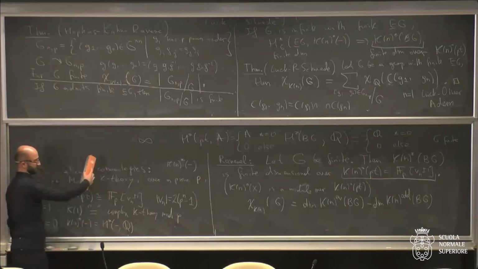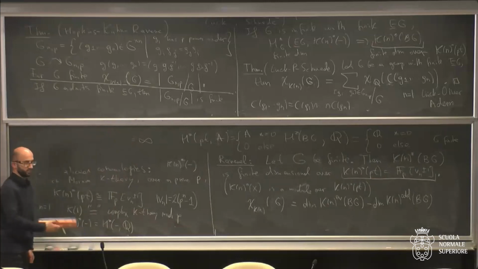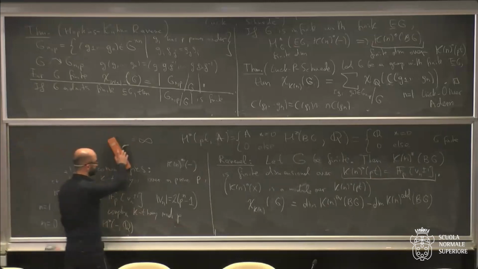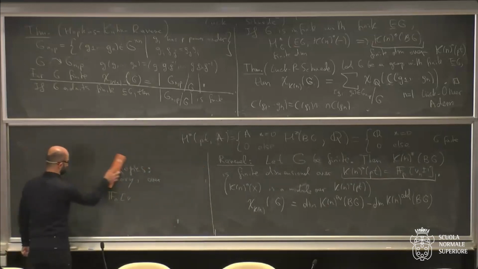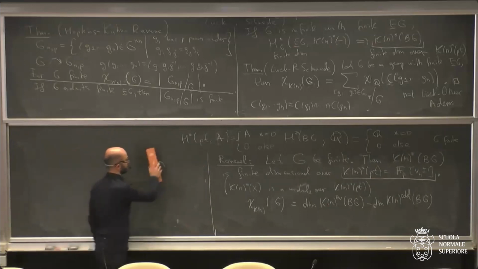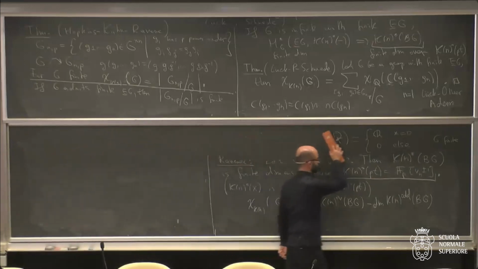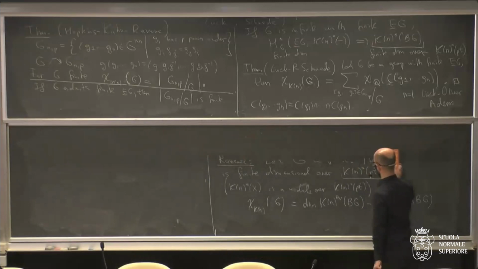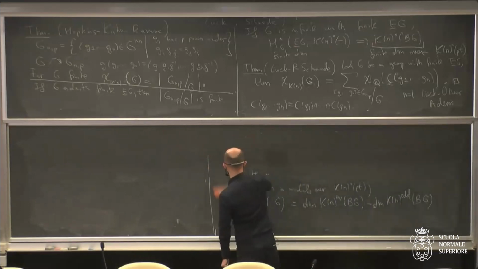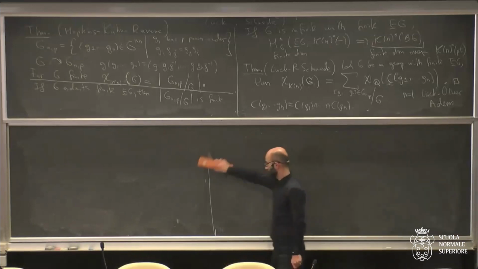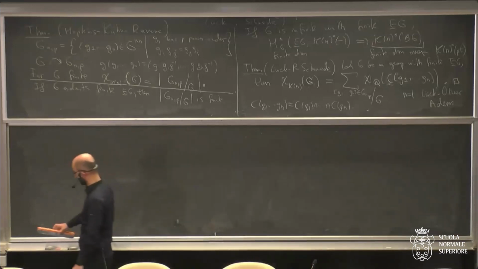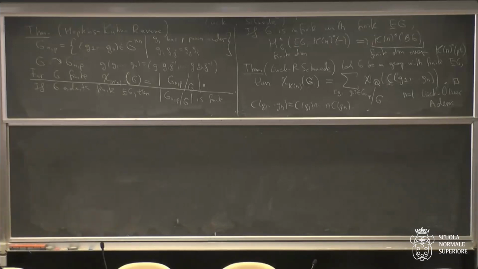Apart from that, computing such invariants for infinite groups is anyway interesting and useful, because it shows you how much these cohomology theories see about your groups, and it's sort of a new invariant of these groups as well. So I'll give you a couple of examples where I so far managed to compute these Euler characteristics. To compute more, I need to go deeper into number theory and geometric group theory, I believe.